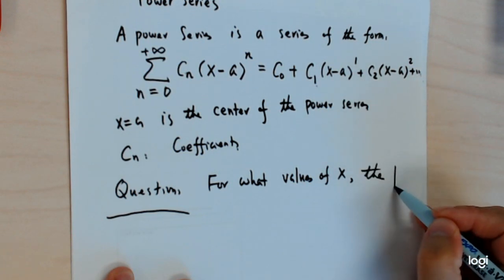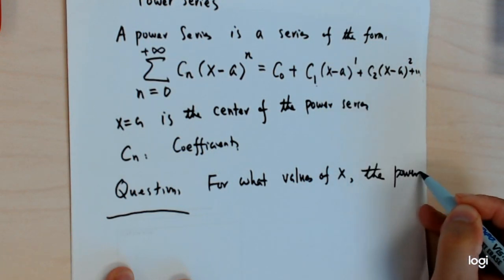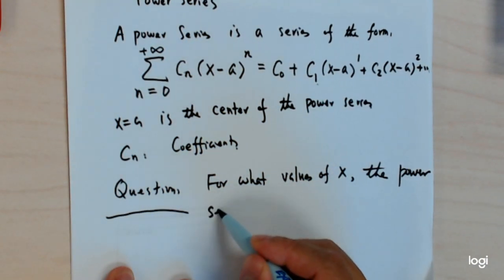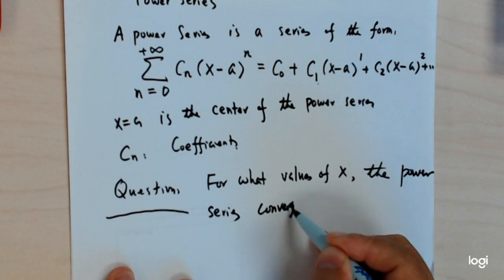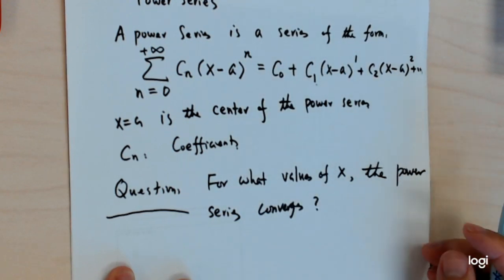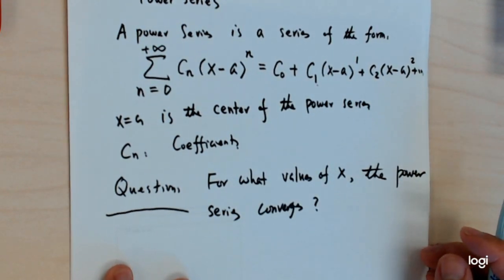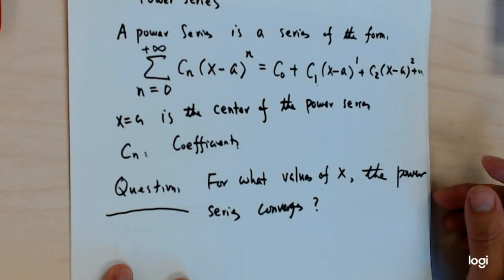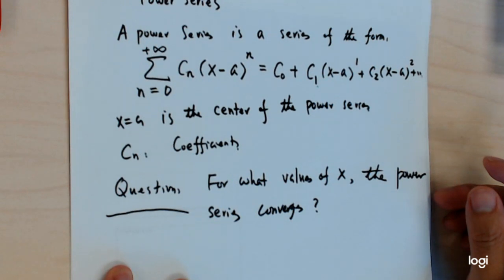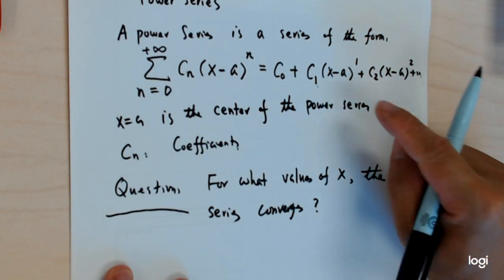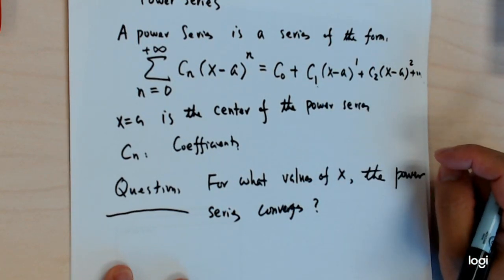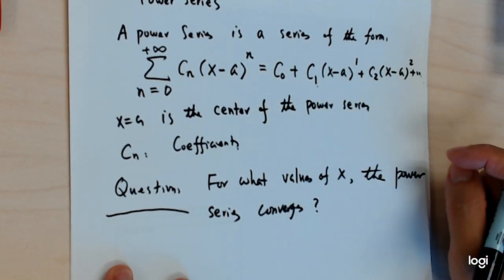That's almost the only question we're trying to figure out in this section here. Because x is the variable here, and I can plug in any x that I want.